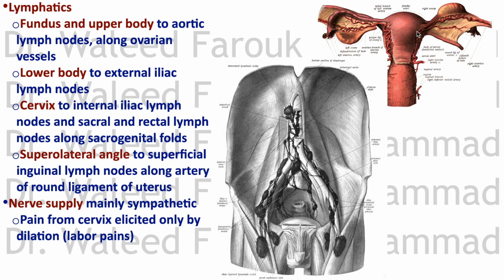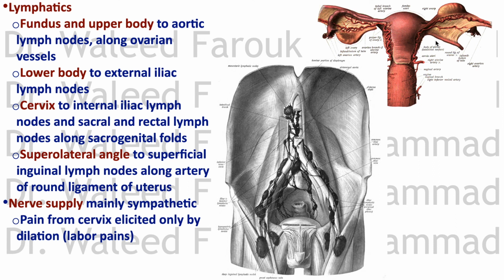The superolateral angle: remember we talked about the round ligament of the uterus, and there is a branch from the ovarian artery to the round ligament along which lymphatics go. So from the superolateral angle, lymphatics go to the superficial inguinal lymph nodes along the branch to the round ligament of the uterus.